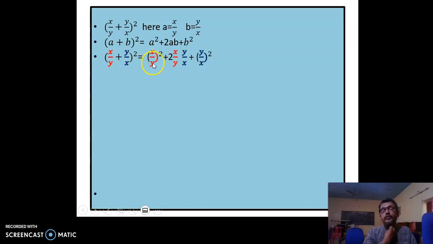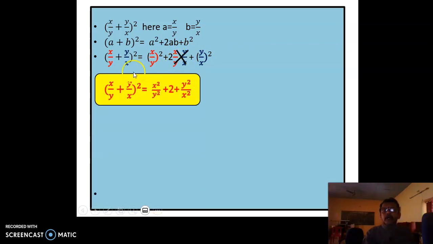Here x cancels, y cancels, so 2 only remains. Therefore x by y plus y by x whole squared equals x squared by y squared plus 2 plus y squared by x squared.